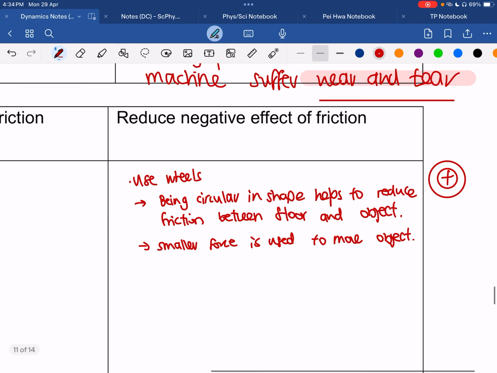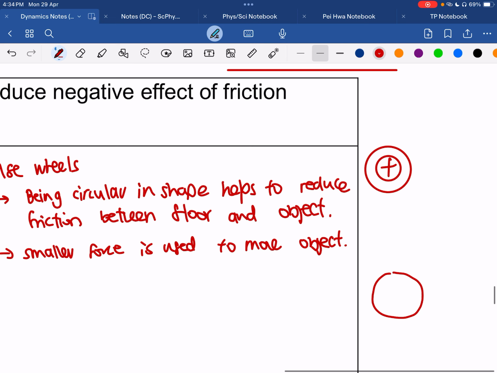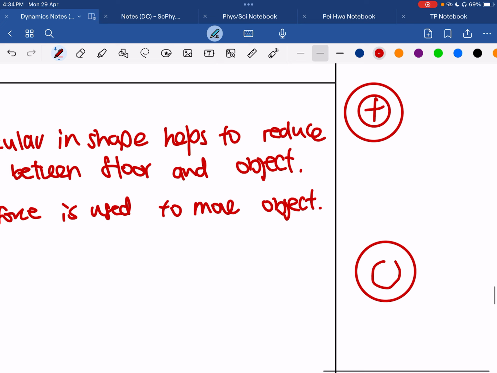Okay. Another effect. If you look at skateboards, for example, in between their wheels they will have this particular thing that's called the ball bearing. Basically, it's like wheels inside a set of wheels.